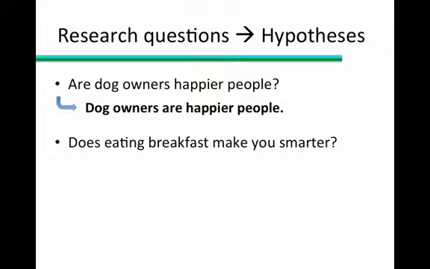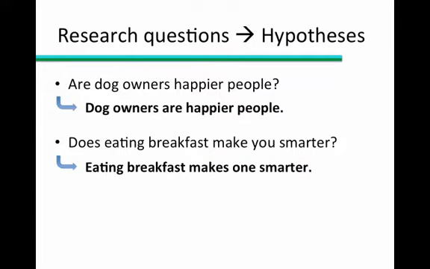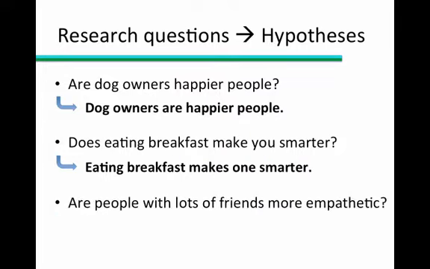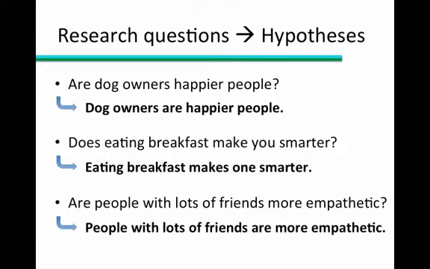We can restate the question, does eating breakfast make you smarter, into the hypothesis, eating breakfast makes one smarter. And finally, let's restate the question, are people with lots of friends more empathetic, into the hypothesis, people with lots of friends are more empathetic. All we needed to do in each case was to change the research question into a statement of expected outcome.